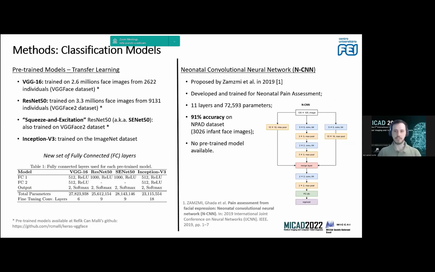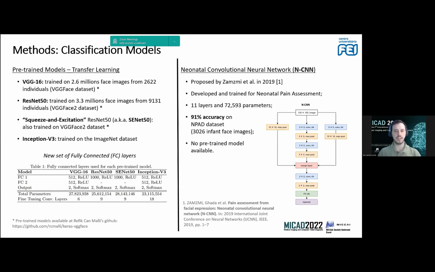Because of the lack of images, we applied the transfer learning technique in order to use the state-of-the-art architectures. In other words, we selected some CNNs that were trained for different tasks and performed a new training for neonatal pain assessment. Specifically, we selected a VGG16, a ResNet50, and a Squeeze-and-Excitation ResNet, that is the ResNet CNN with some squeeze and excitation attention modules.